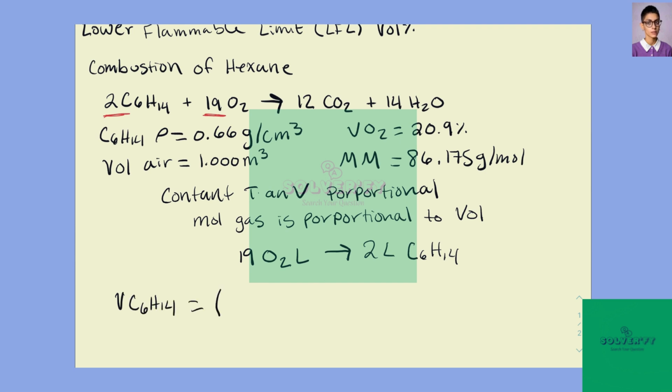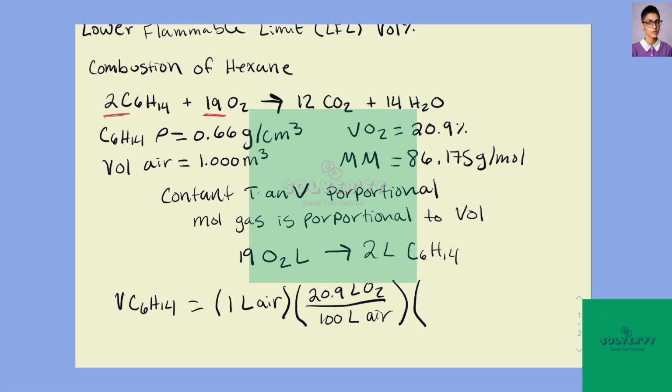So now to get our volume of hexane, we're going to take 1 liter of air. Since our air is 20.9% O2, we have to account for that. So we're going to times that by 20.9 liters of O2, divide that by 100 to get the percent out, liters of air.